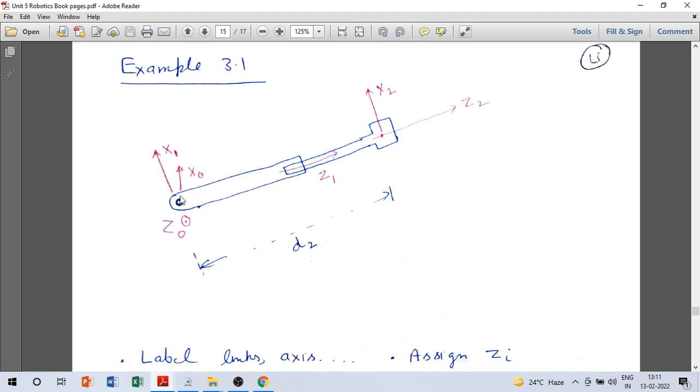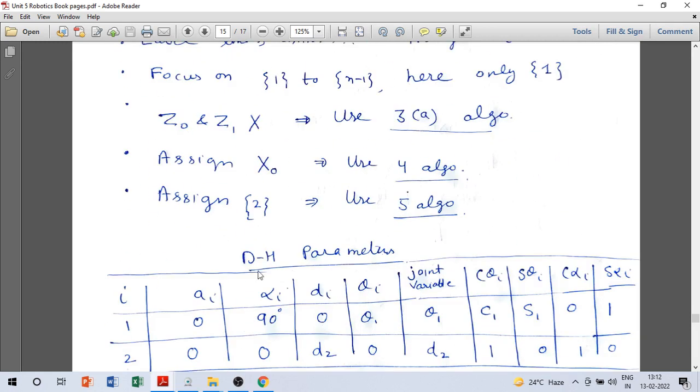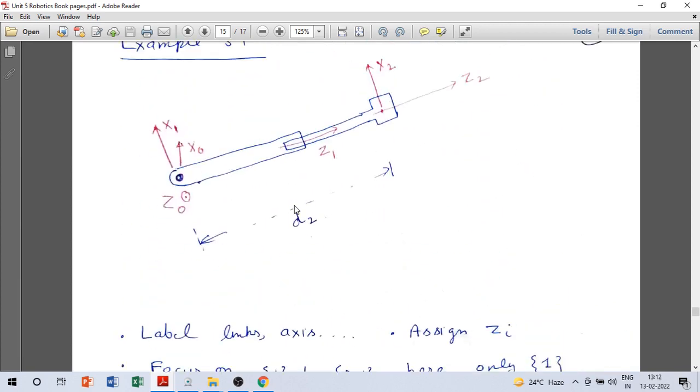For link 1, you have to measure this angle based on the axis x1. So if you align your thumb along direction x1, then the fingers of your right hand in going from z0 to z1 curve by an amount of 90 degrees. That means alpha 1 is 90 degrees. That is how alpha is defined. Those were the link parameters. Now joint parameters d and theta. What is theta?